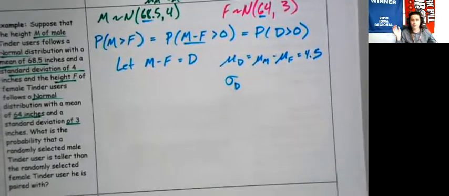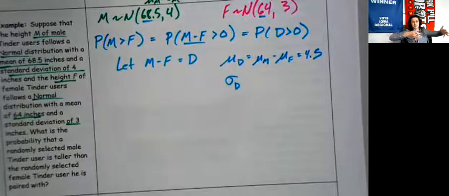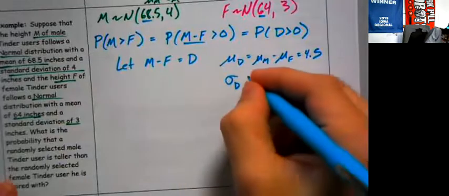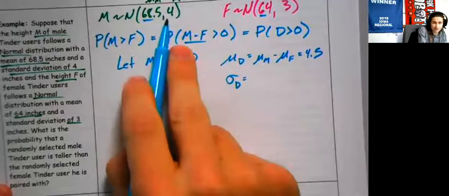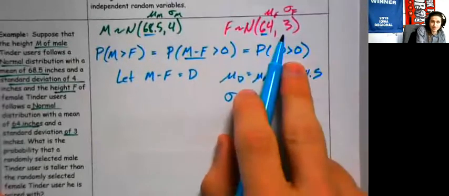Okay, so if I looked at lots and lots of Tinder date differences, the average difference in height would be 4.5 inches. Great. Not just one of them, the average of many of them. Sigma D, what's the standard deviation of the difference in height? Well, there's this much variability in the one height. There's this much variability in the other height.